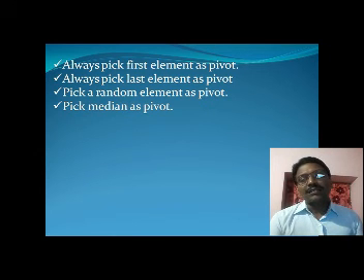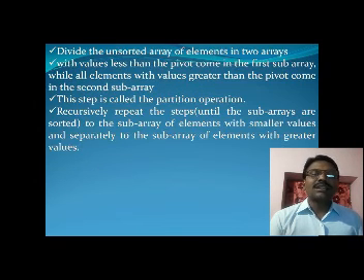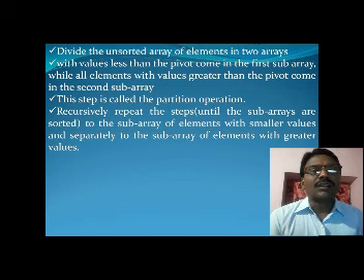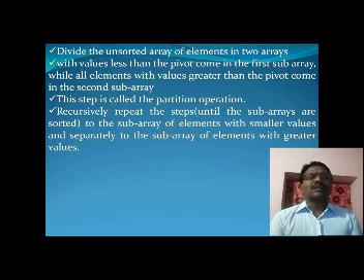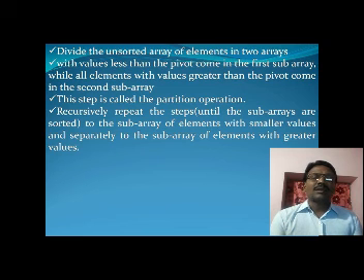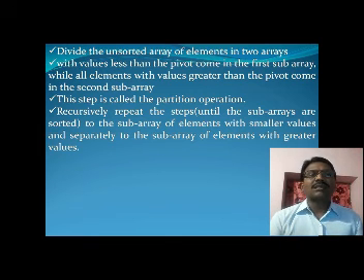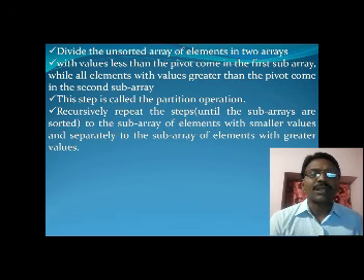Based on this picked pivot element, the unsorted array is divided into two parts. Elements less than the pivot element form one subarray and elements greater than the pivot element form another subarray.